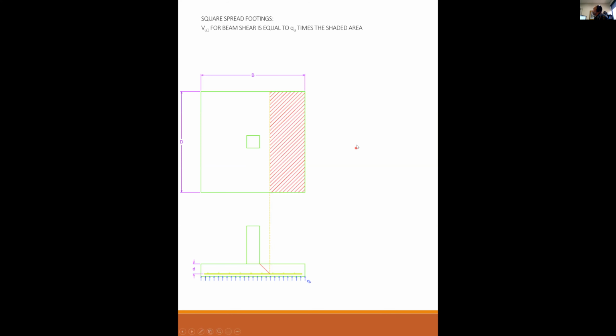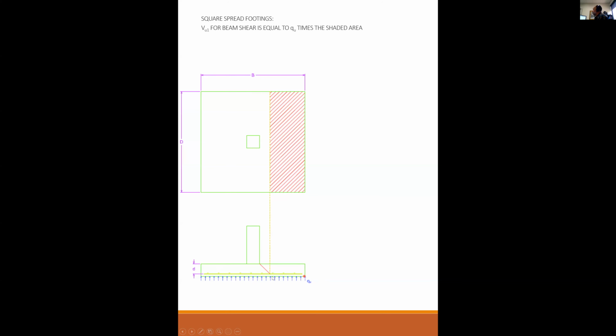Vu1 for shear is equal to qu times the shaded area. So Vu along this plane at d from the face of the column is equal to qu. Remember, qu is the factored soil pressure times the area of everything beyond where that shear plane is.